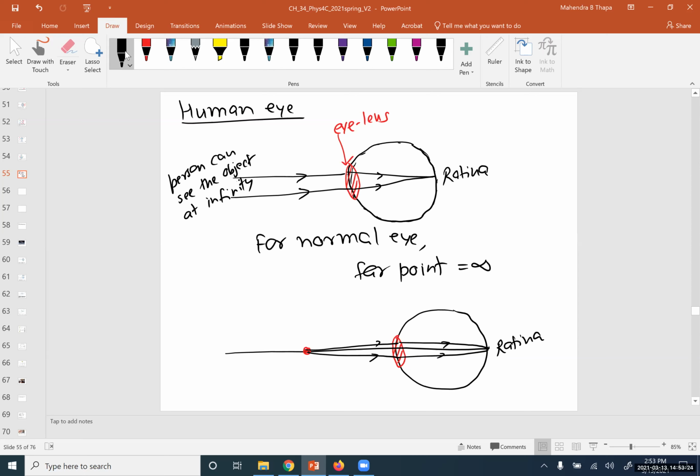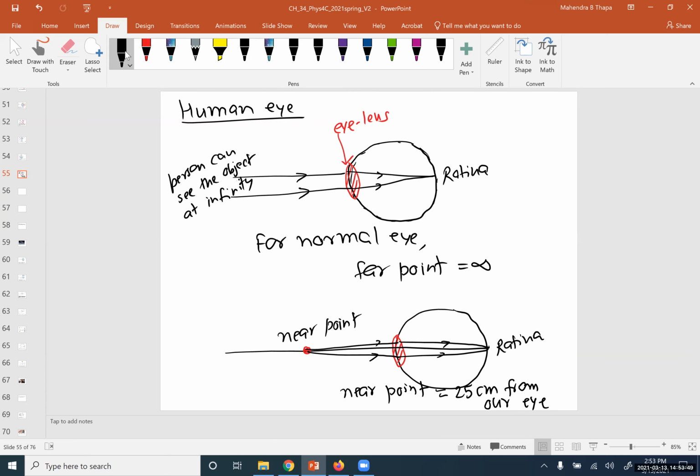This is the near point. It depends on the person, but it's roughly 25 centimeters from our eye.